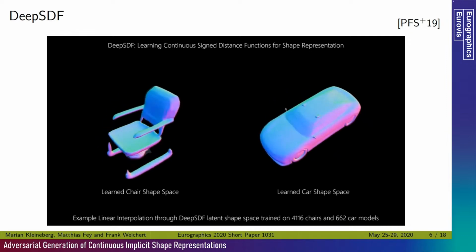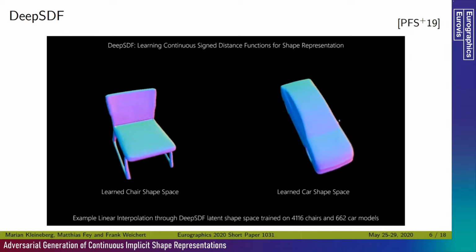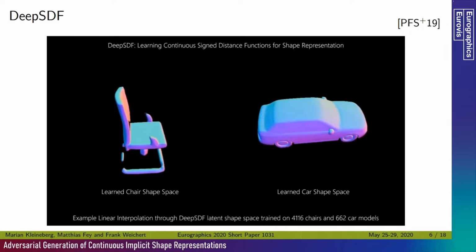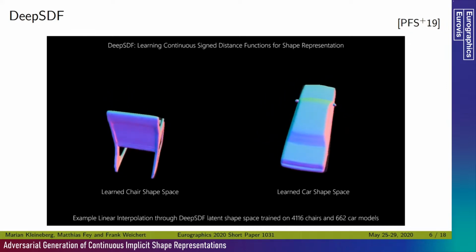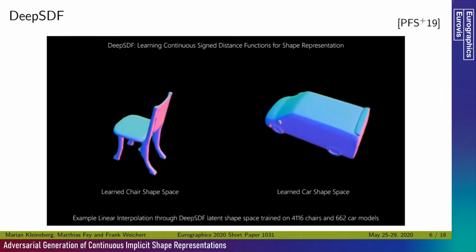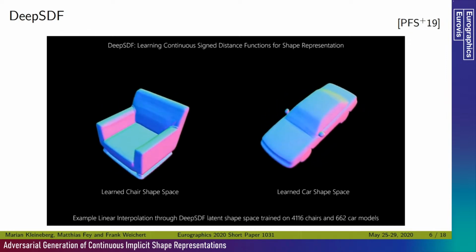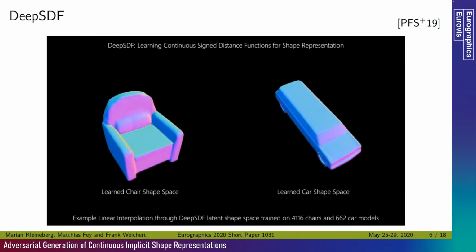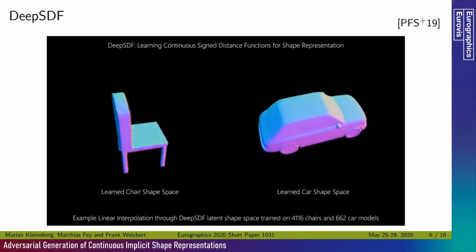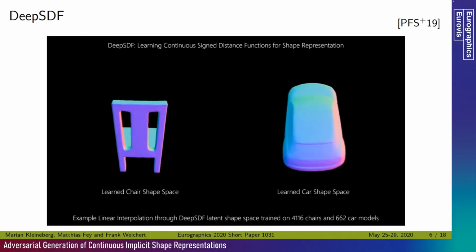That means that while the latent codes for shapes are random at the beginning, during training the codes of similar shapes will move toward each other, whereas the latent codes of different shapes will move away from each other. However, just like an autoencoder, this approach is limited to learning just the dataset that was supplied.